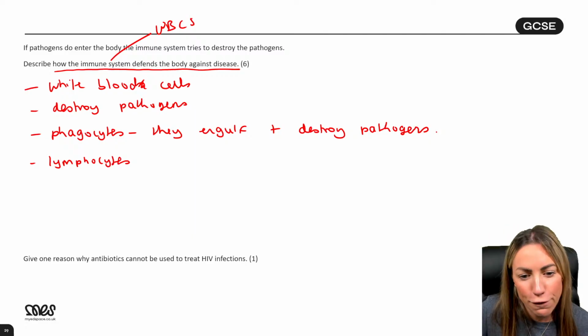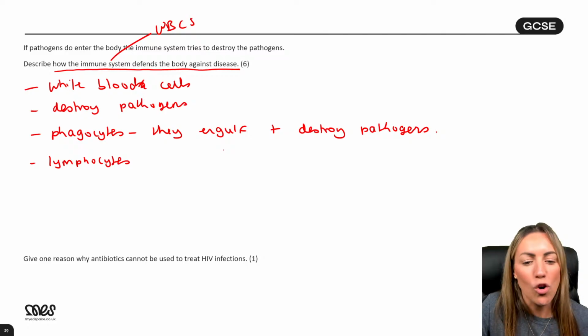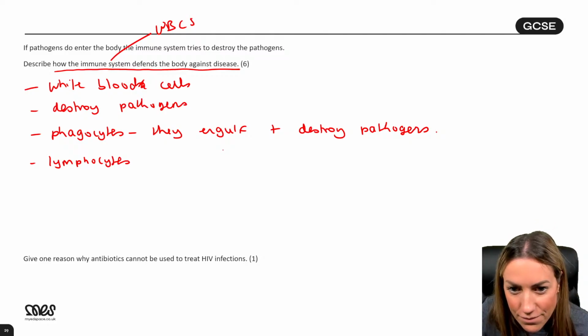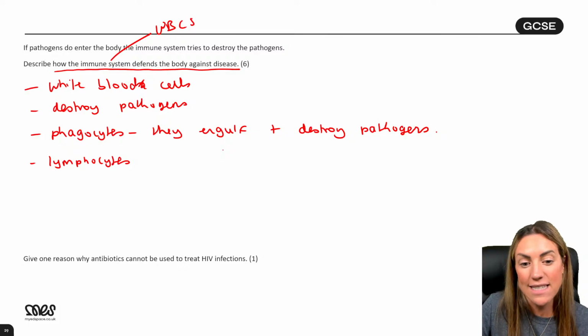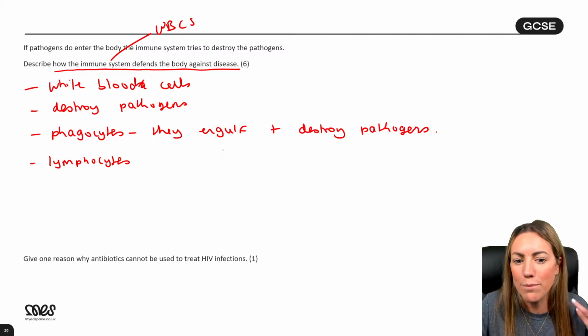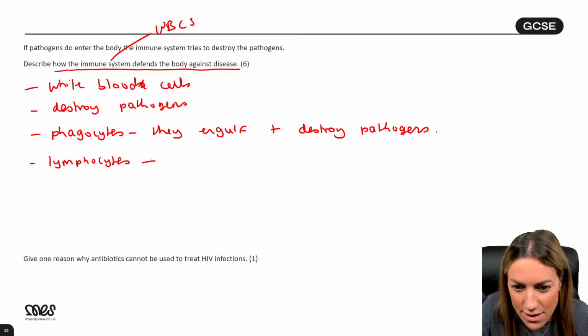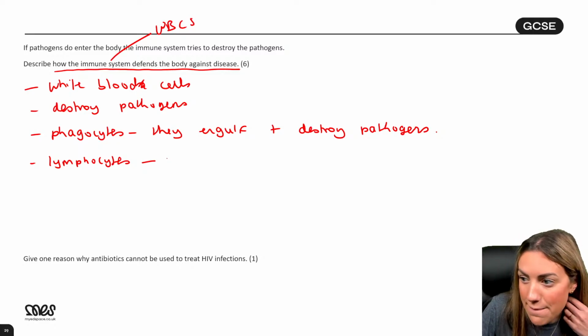They engulf and destroy, or they ingest and destroy would be fine. It's called phagocytosis. You don't have to call it phagocytosis though, but phagocytes, which are a type of white blood cell, by the way, if you didn't realize, engulf and destroy pathogens. Engulf and digest is fine.